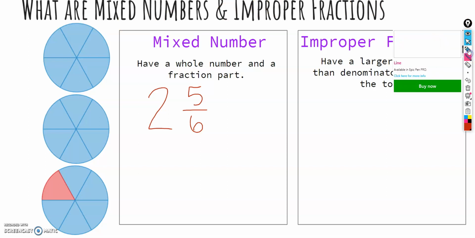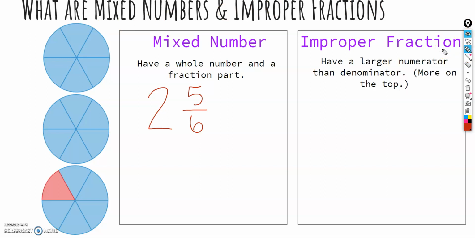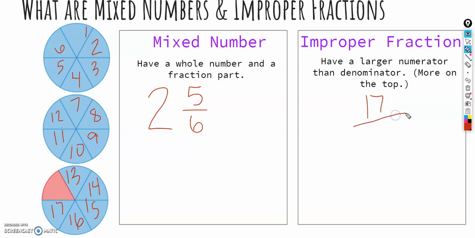Okay, so we have 1, 2, 3, 4, 5, 6, 7, 8, 9, 10, 11, 12, 13, 14, 15, 16, 17 total pieces. And they were each broken into what? Sixths. So there's 17 sixths.